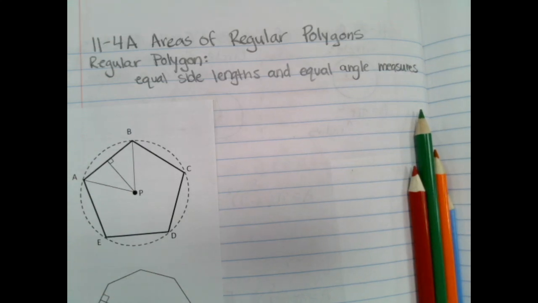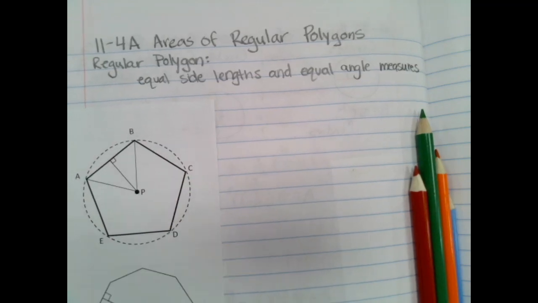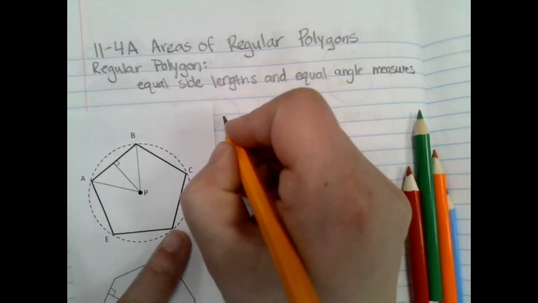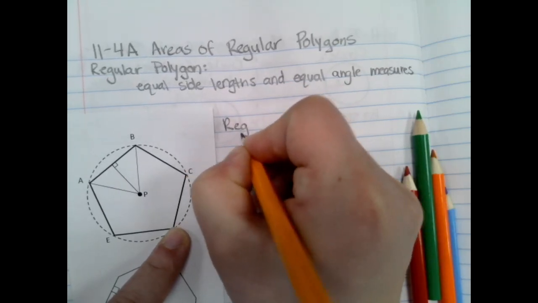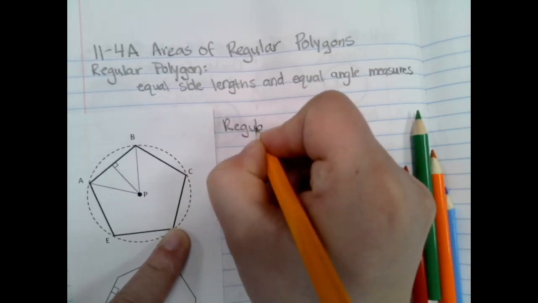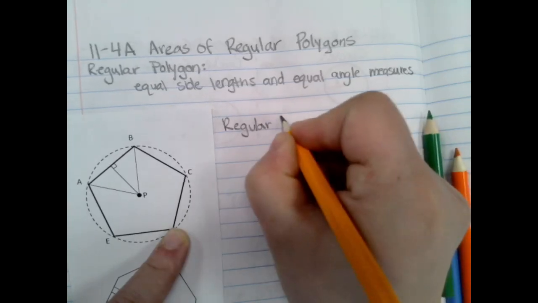We have names like decagon, nonagon, octagon, heptagon, hexagon, pentagon, quadrilateral. How many sides is this one? It's 5, so it's a pentagon. Good. Hexagon is 6. You're close. Okay. All right, so this is a regular pentagon.